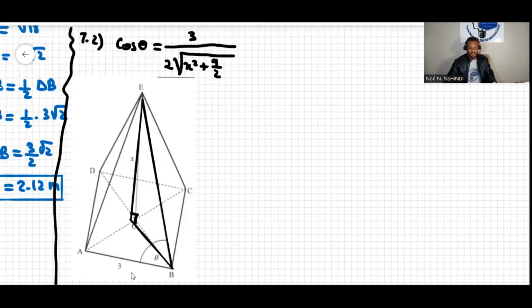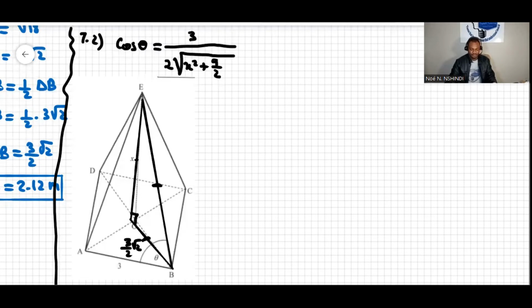So now we can find the length EB, because we know how much this is from the previous question. We did find that it was 3 over 2 root 2. Okay, that was OB, and then this is given to be x.